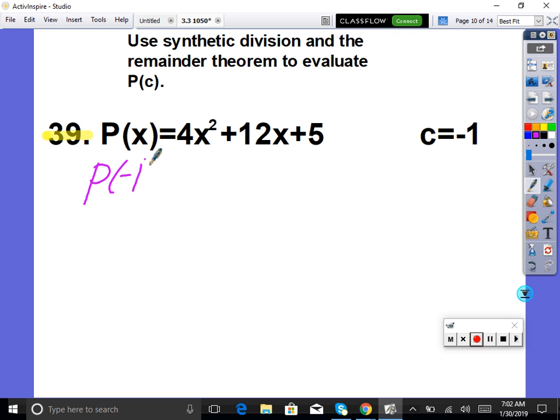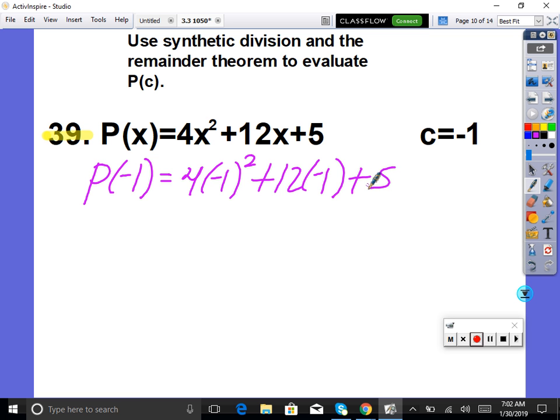P of -1 equals 4 times -1 squared plus 12 times -1 plus 5. So wouldn't that be 4, and then -1 squared is times 1, right? Minus 12 plus 5. So what will our remainder be? Correct.